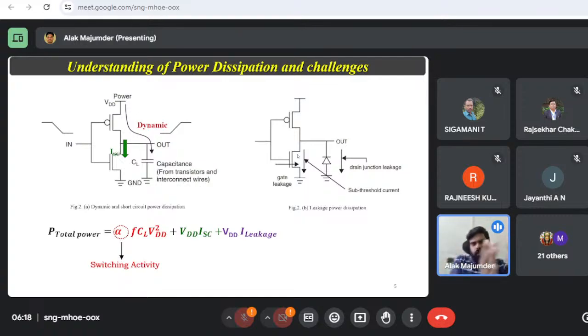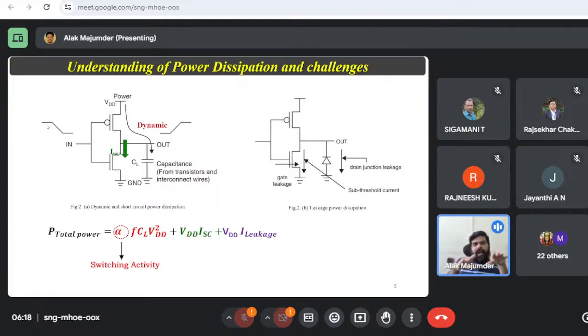But when we come to the short circuit power, there is a transition happening. We are dealing with the transition from logic 1 to logic 0 or logic 0 to logic 1. During the transition, one of the devices moves from off to on, and the other device moves from on to off, right?